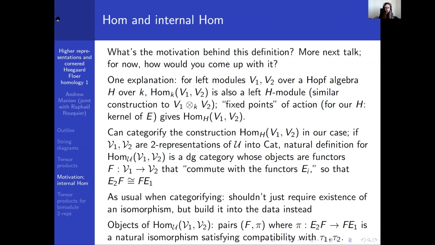There'll be these pairs F comma pi, and this already looks a little bit like what we had in the tensor product case. This compatibility with tau 1, tau 2 is exactly the sort of picture that I would draw in the other case. If I'm going to draw this visually, the Hom has E2 coming in on one side and going out as E1 on the other, but that's really the only difference.